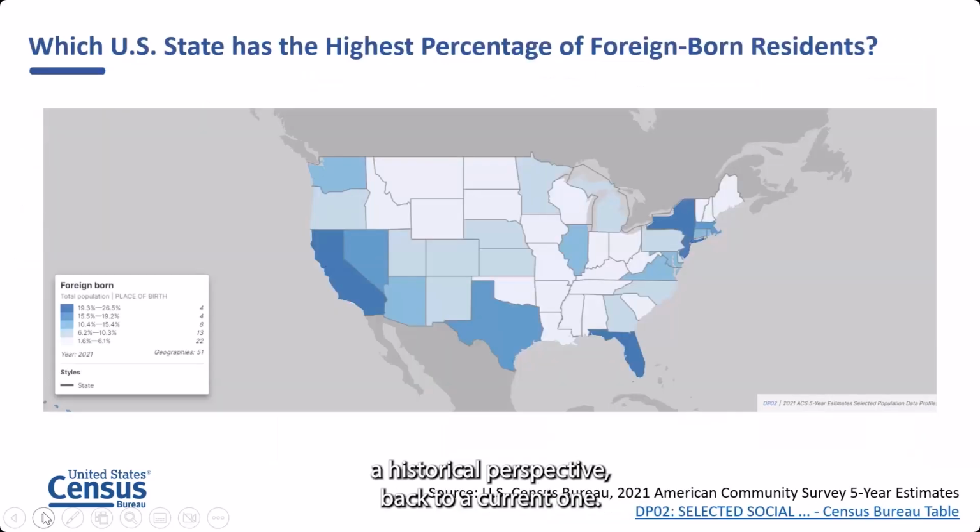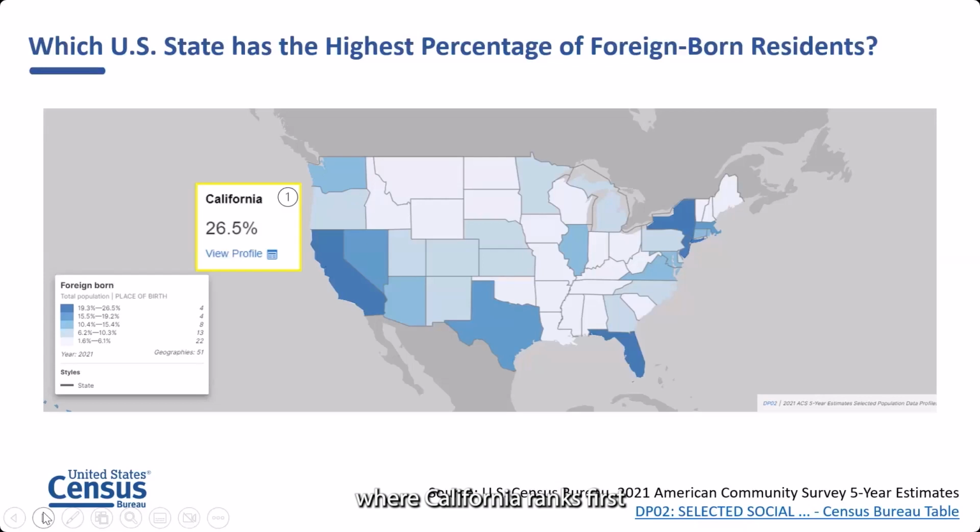Moving from a historical perspective back to a current one, where does a foreign-born population live within the U.S. now? I created a map which illustrates the percent foreign-born by state, where California ranks first with 26.5% of its population foreign-born.